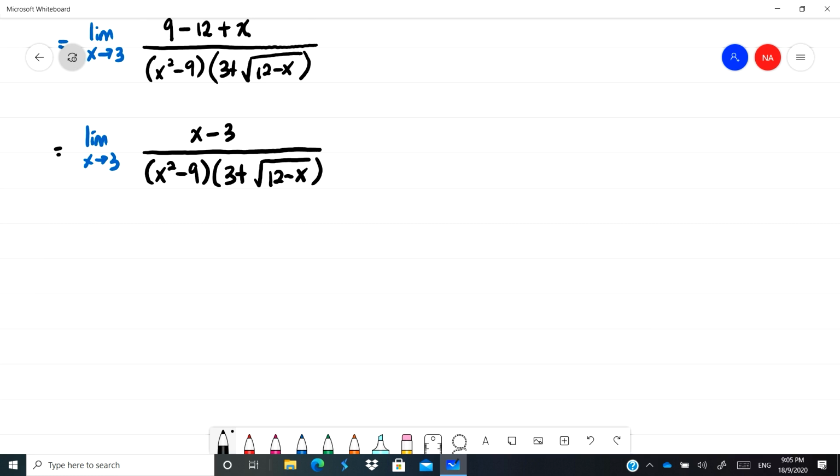So recall, you have multiplied with the conjugate, but now you have to use factorization. Why? Because this part here, this part I'm highlighting, you still have to factorize that one. x squared minus 9 will be factorized as x squared minus 3 squared. So this will become x plus 3, x minus 3.